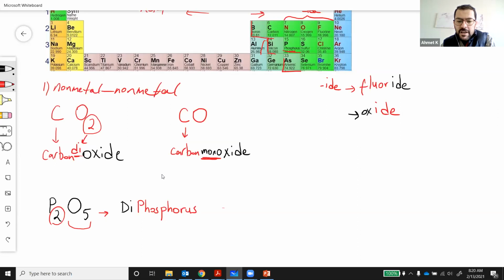You have 5. And the Latin prefix for 5 is, anybody? Pent. Penta. Yeah, penta. Maybe I can write it down somewhere here. So it's going to be penta. We are going to see this penta, hepta in organic chemistry too. It's going to be pentaoxide.